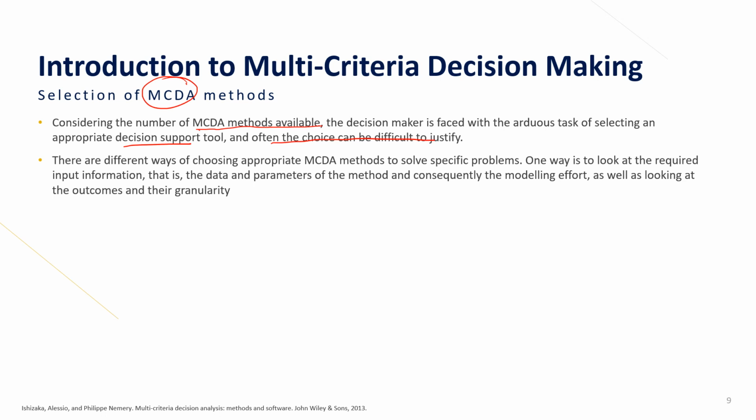There are different ways of choosing which MCDA method will be suitable to solve your problem. One way is to look at the required information: the data parameters, the modeling effort, and also the granularity of the outcome.